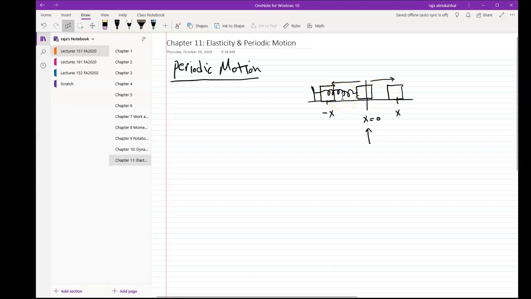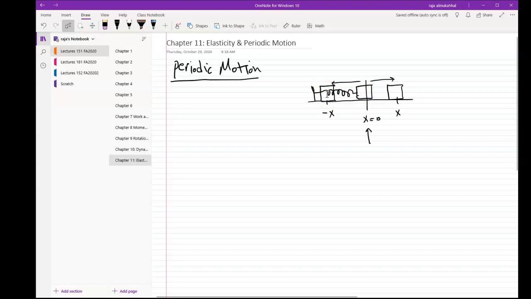The reason for that is that when moved away from its release position, let's say the mass is starting at the equilibrium position of x equals 0, and I pull it all the way to x and then let go. So what's going to happen? It's going to rebound, or move toward the equilibrium position, but by the time it gets there, it has already picked up enough kinetic energy to overshoot and go all the way to minus x.